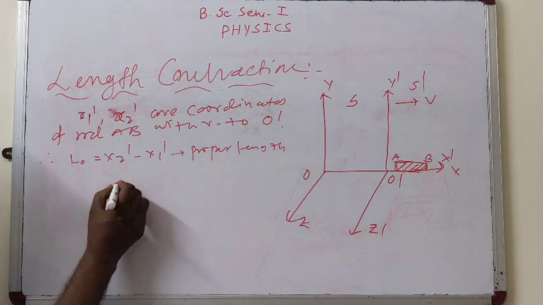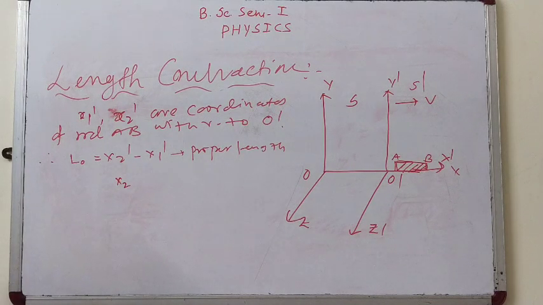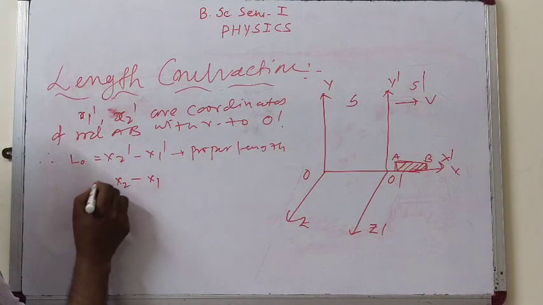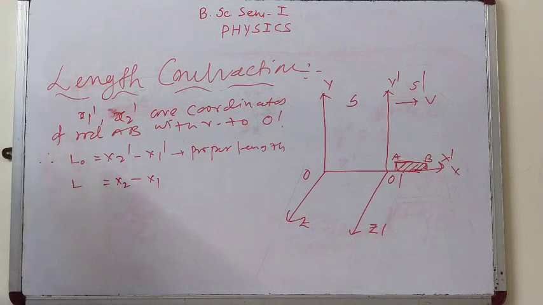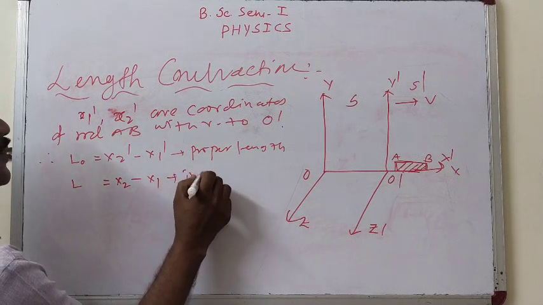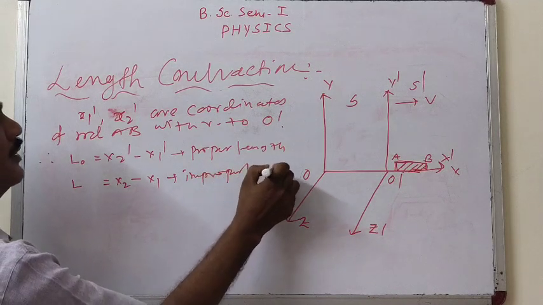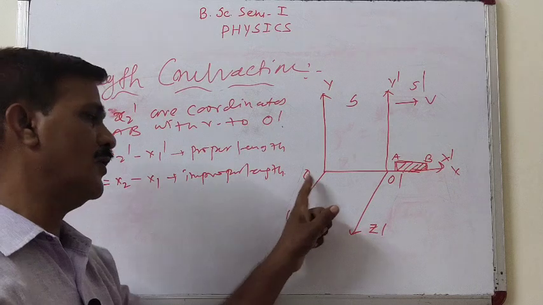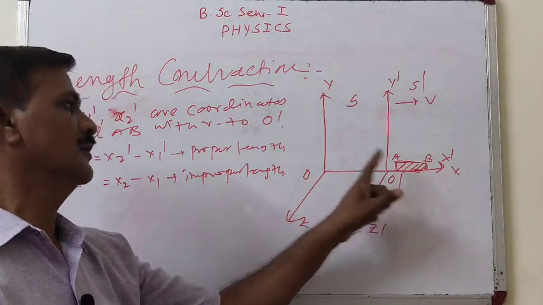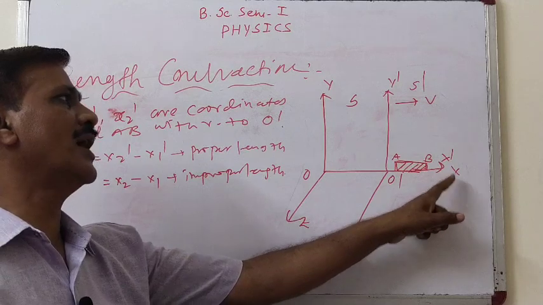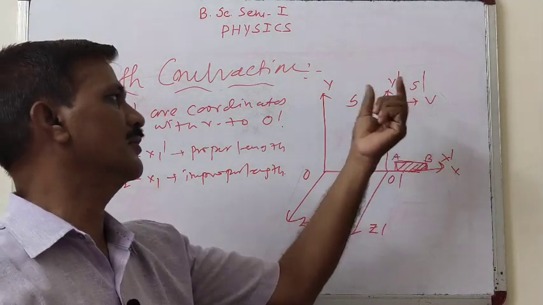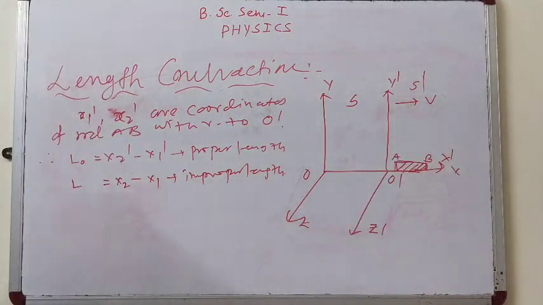Therefore, x2 is noted as the coordinate at point B, x1 is the coordinate at point A, and x2 minus x1 is nothing but L. This is called the improper length. What is improper length? The length of the object when it is in moving condition. When the observer observes rod AB, the rod AB is in moving condition because the rod AB is considered on the x-axis of frame S dash. This is called improper length.